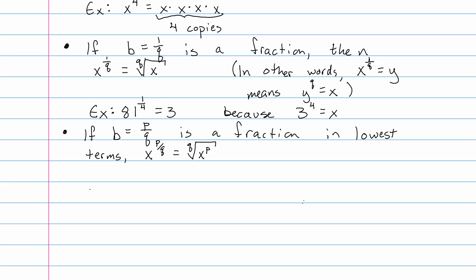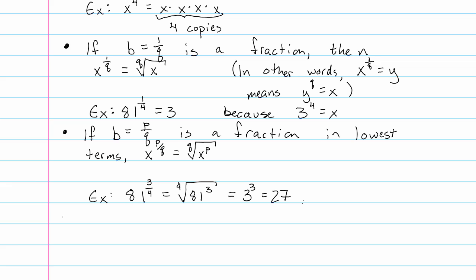So if we wanted to say 81 to the 3/4, that would be the 4th root of 81 to the 3rd. And we can do these in either order. This ends up being 3 to the 3rd, which is 27. Again, you can confirm that on your calculator. We can do the 4th root before the 3rd power if we want to. Those commute with each other. They happen at the same time in the order of operations.